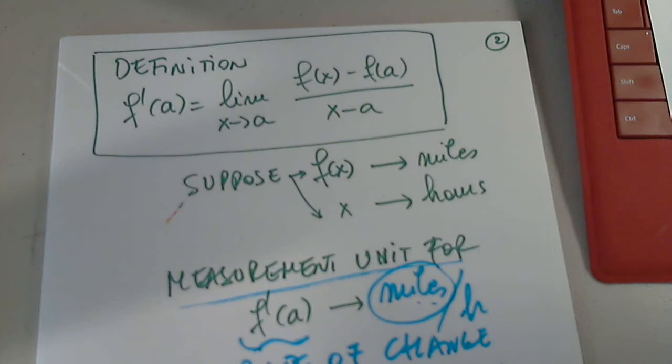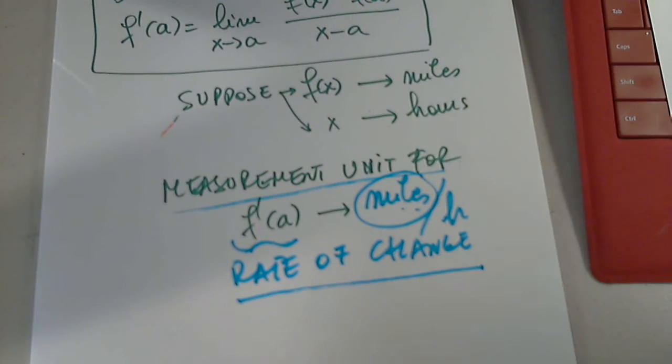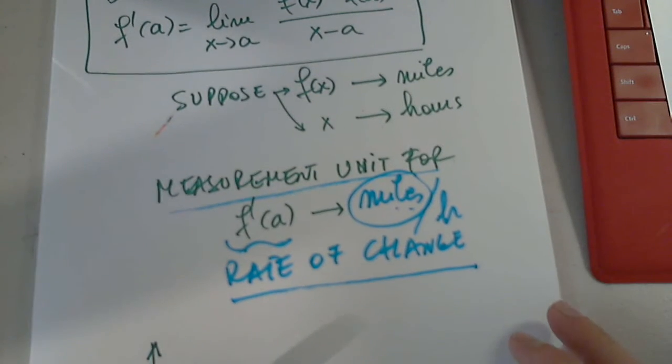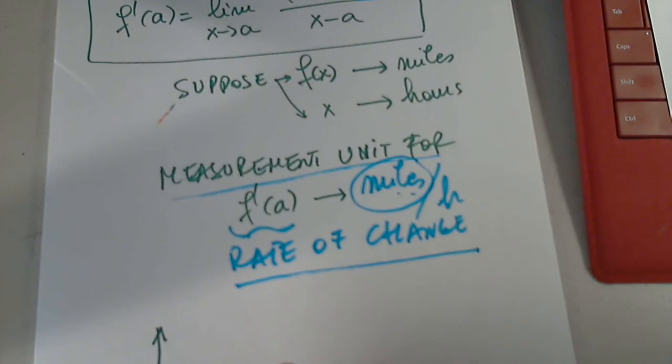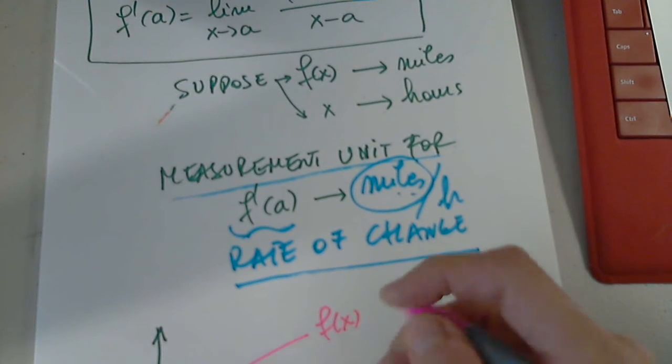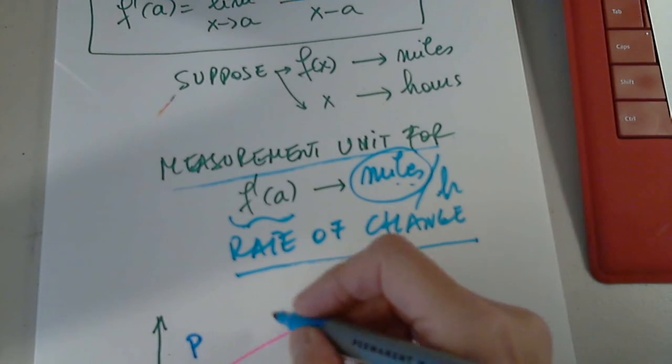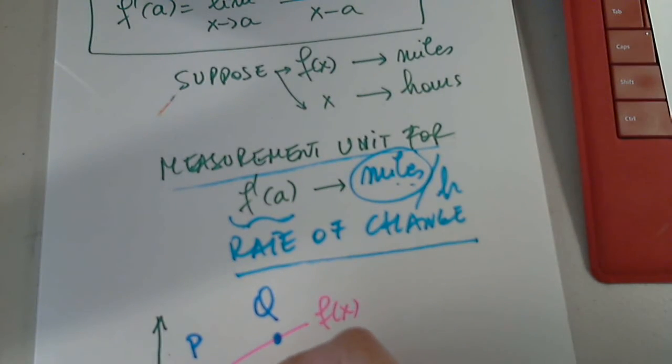Okay, back to our same graph, because we have another definition for the same thing. In some situations, for certain functions, one is easier to handle than the other. They mean the same thing. Okay, so here it is. Of course P, of course Q, but this time this is A, and this is A plus h.